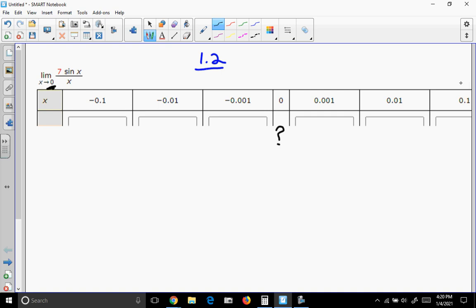If we look at a number line and we want to know what our function is doing at 0, and plugging in 0 is undefined, we can pick a point to one side of it and put that in.